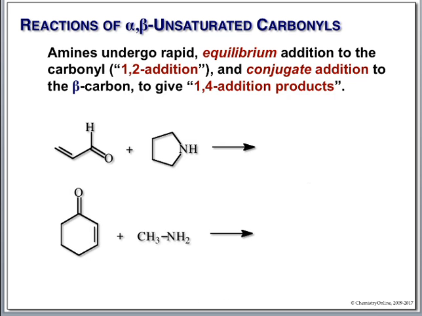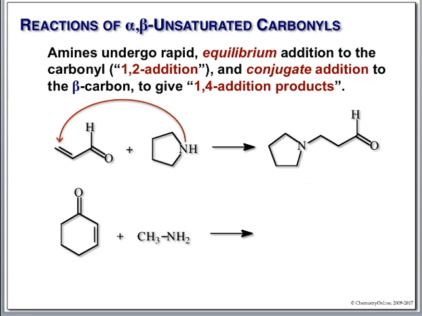Let's look at some examples. Amines are very good at doing additions to an alpha-beta unsaturated carbonyl. Here, the nitrogen is simply going to attack the beta carbon. When it does, electrons will flow, make the oxyanion. Here we have our oxyanion there.